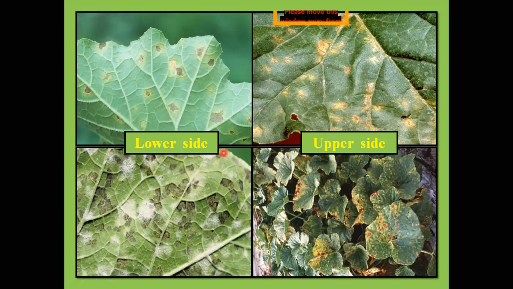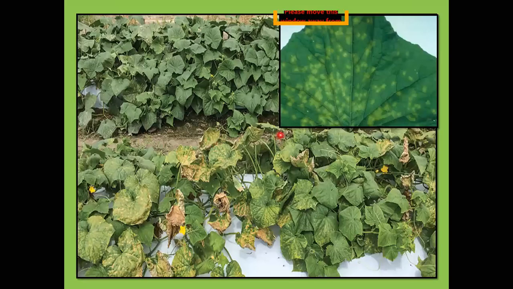So you can see the symptoms, the chlorotic patches or spots generally seen on the leaf.